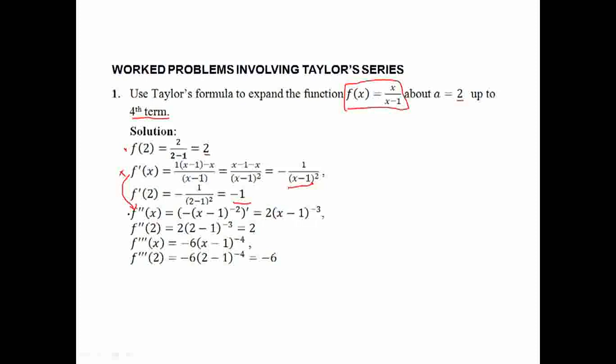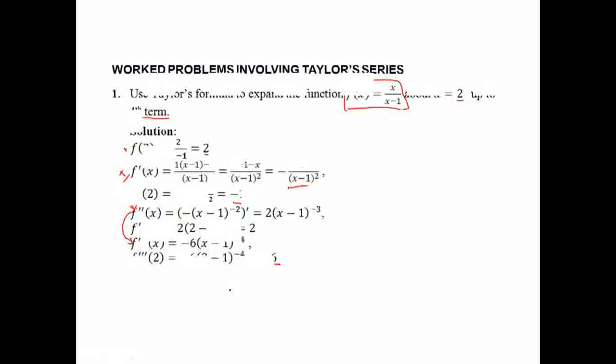Then we differentiate it for the third time. After that, we get the function negative 6 open bracket x minus 1 close bracket raised to the power negative 4. In this function, where there is x, we put 2, and it gives us negative 6.